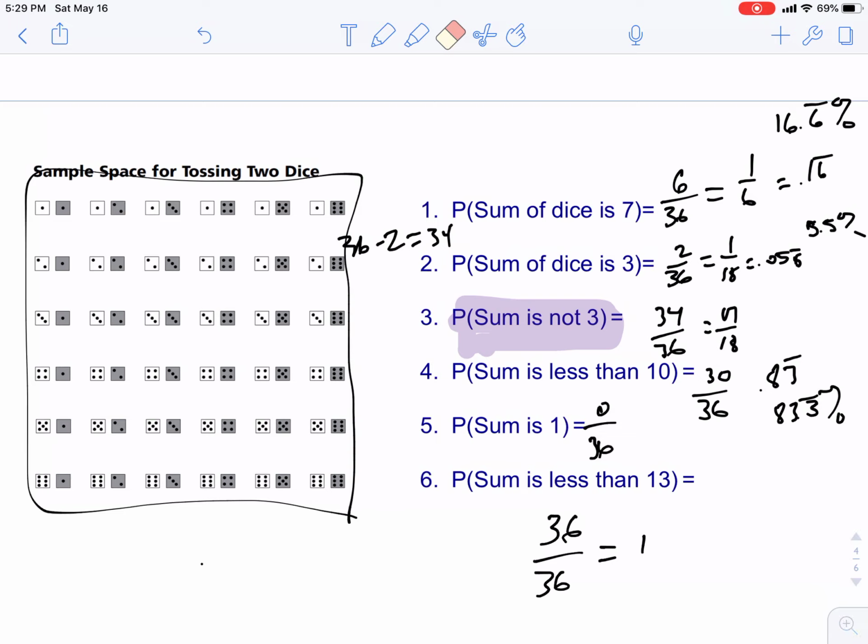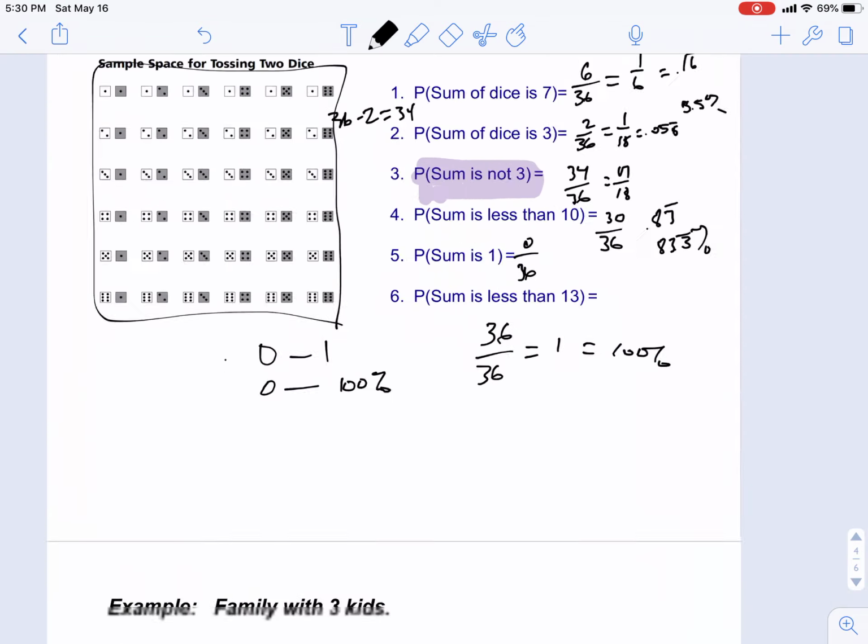So anything in between 0 and 1, or 0% to 100%, right? So it's any decimal between 0 and 1, any percentage from 0 to 100%. Okay, so that's us talking with dice.